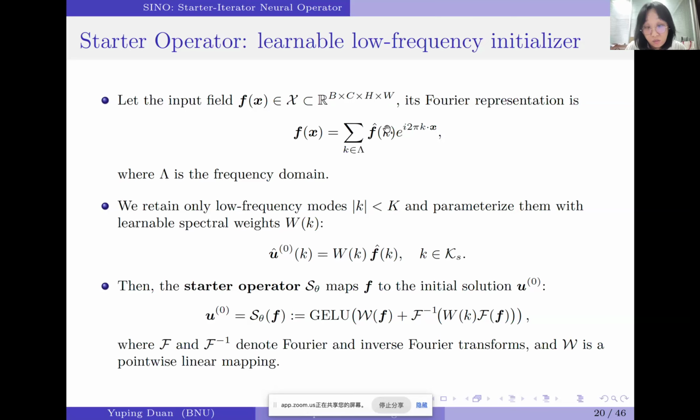So these are the weights we are going to learn by the neural network. After the inverse transform, we also introduce a pointwise linear path. The goal is to provide a stable global approximation before the iterative refinement.